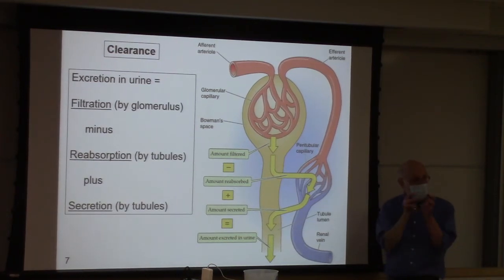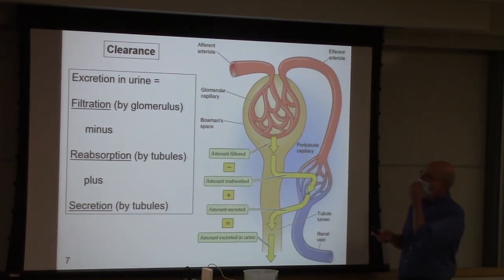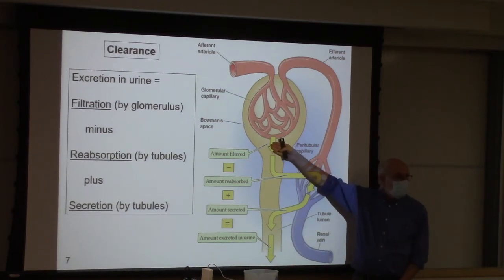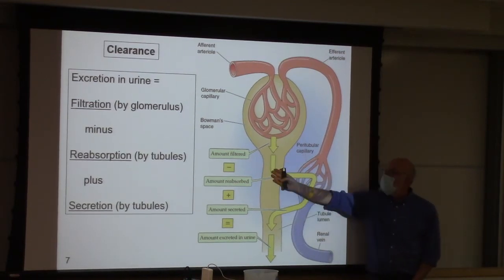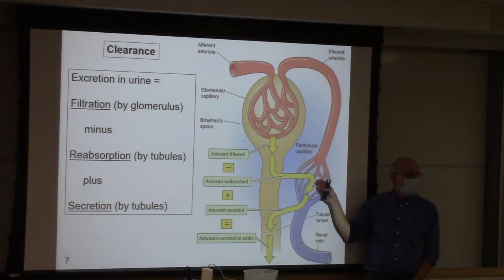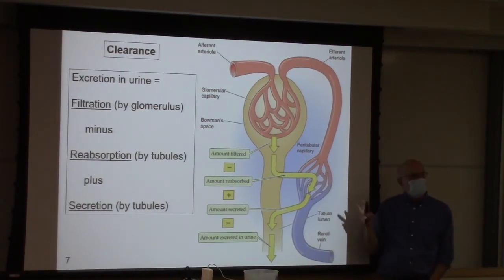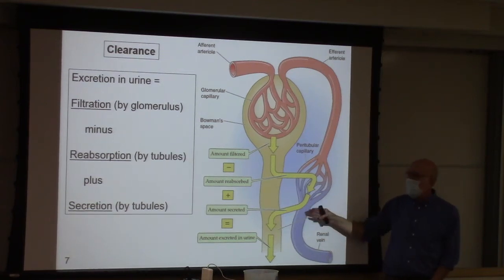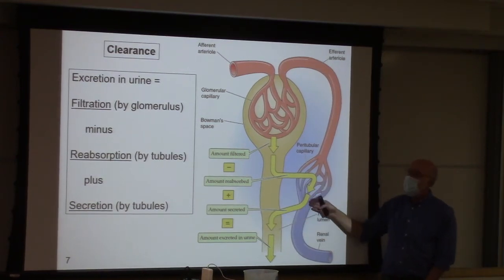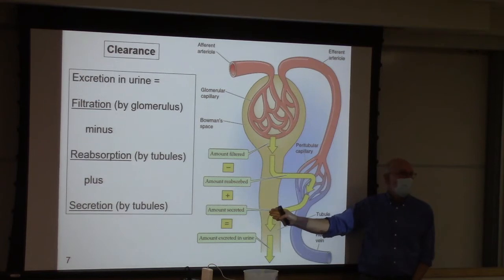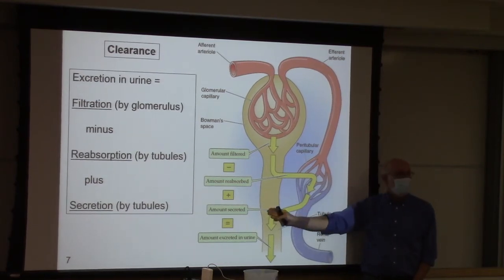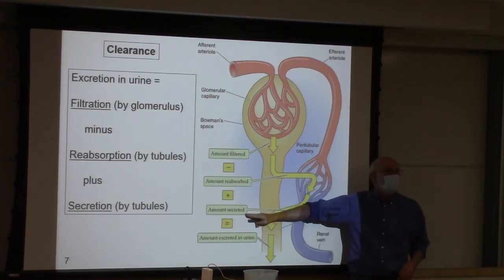Not very far away, really wrapped around. So we have filtration, we have reabsorption, which I've talked about, reclaiming. There is also a minor component where the capillaries pump stuff into the tubule, and that's a process called secretion.